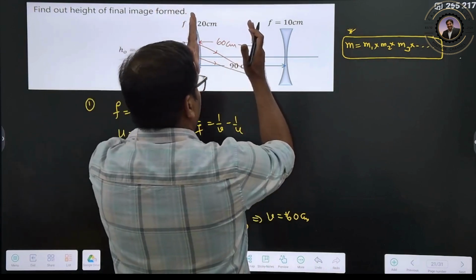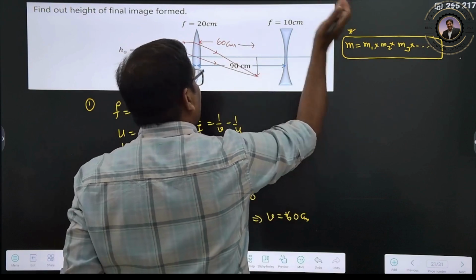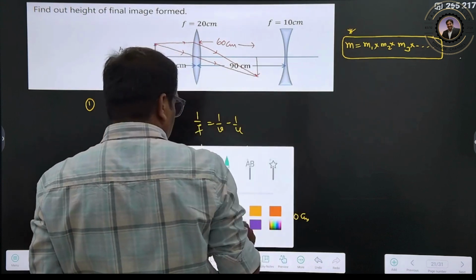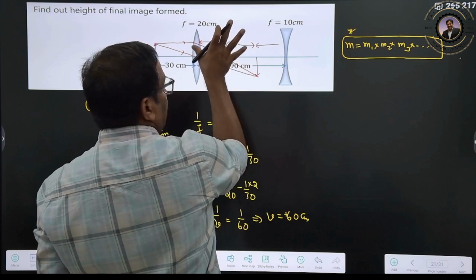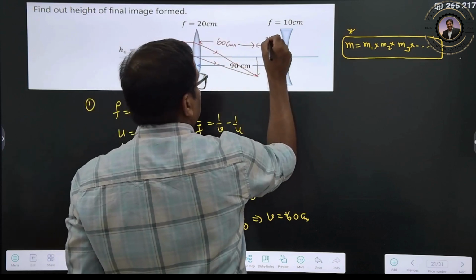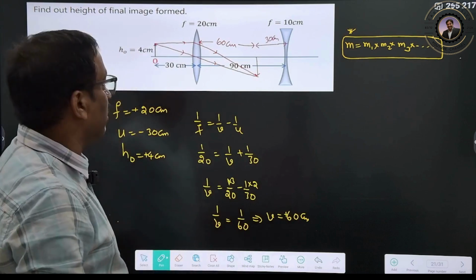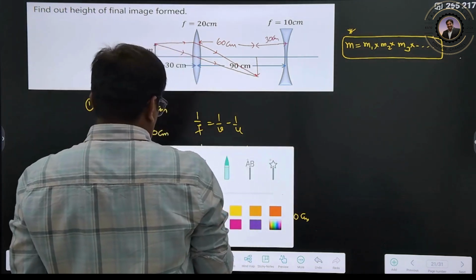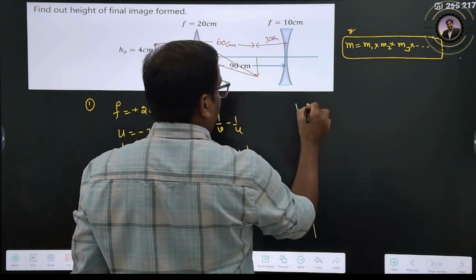This is 60 centimeter, and this is a real image, so this image will act like an object for the second lens. The distance here is 90 centimeter, and in that 60 is gone, therefore this side it will be 30 centimeter. Clear? 30 centimeter.